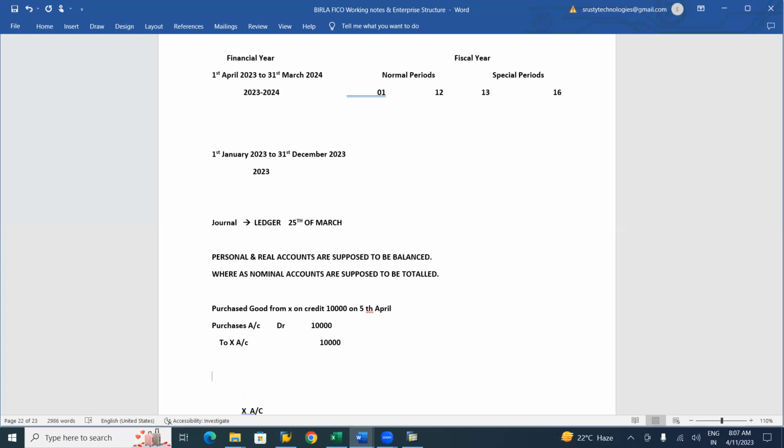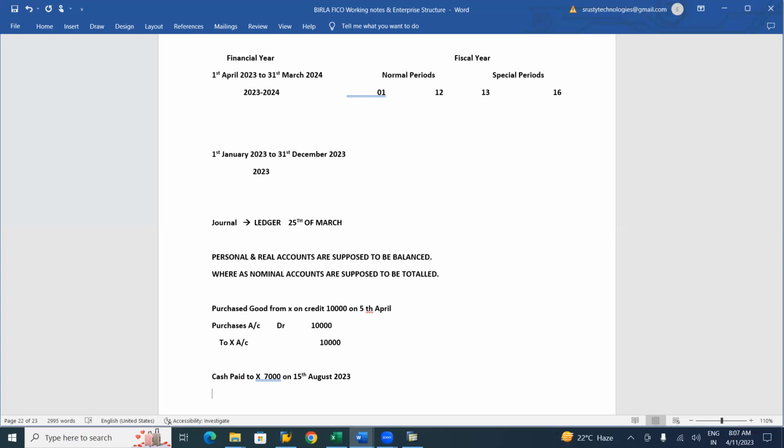At the same time, cash paid to X, 7,000 on 15th August 2023. So what would be the journal entry for this? We are paying cash to X. What is the entry?